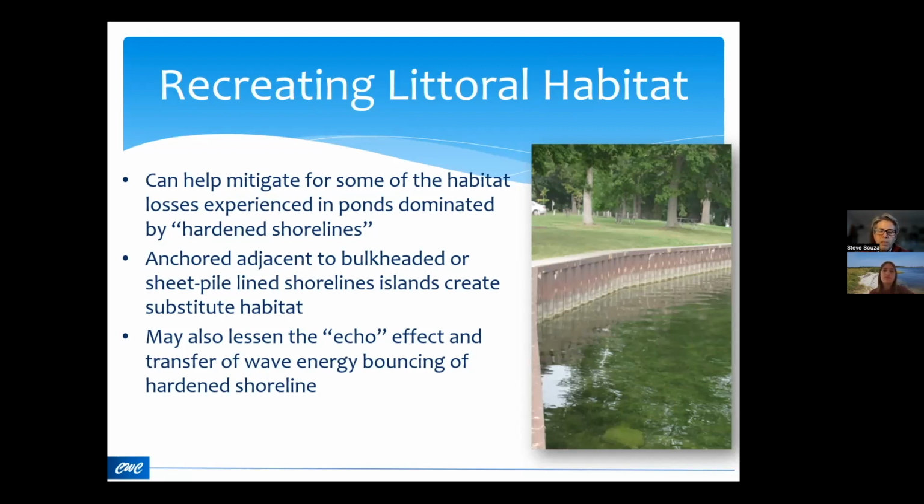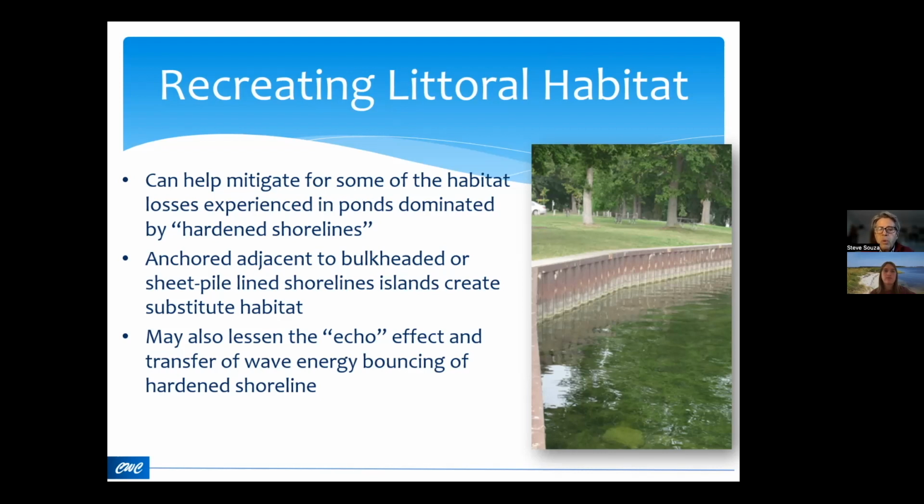What the floating wetland island would do would be to attempt to replicate what was there originally in terms of littoral habitat, so that habitat transition as you go from water to land, which would typically be some type of riparian area or a wetland type area. So you can try to recreate or mimic that type of habitat with the floating wetland islands.